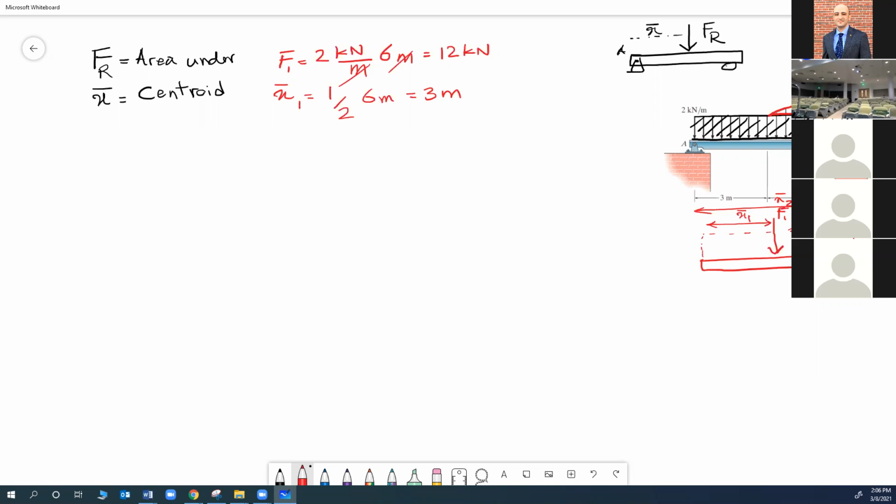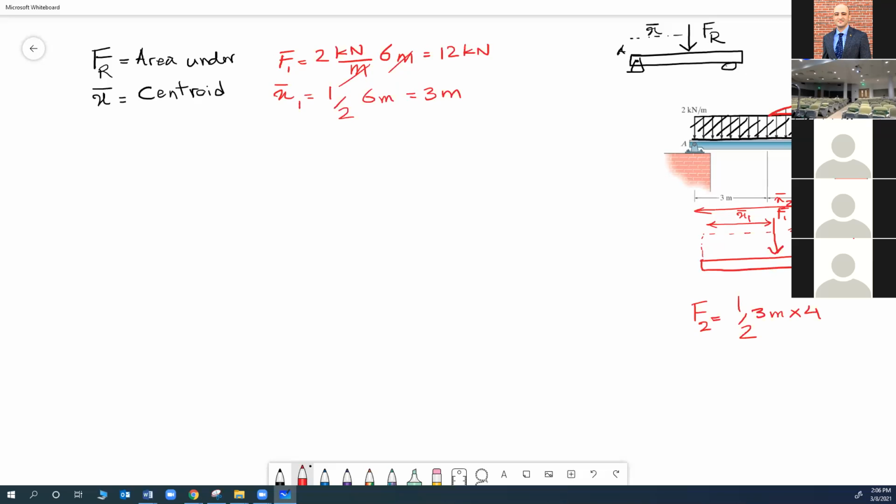I'm going to do it here. F2, the area of the triangle, is 1/2 of the base of the triangle, which is 3 meters, by the side of it, which is 4. Is it 4? Oh, isn't it 2? Yes, this is 2.